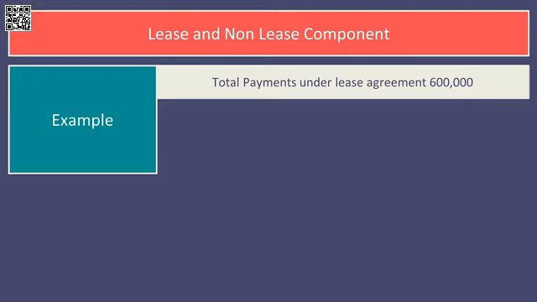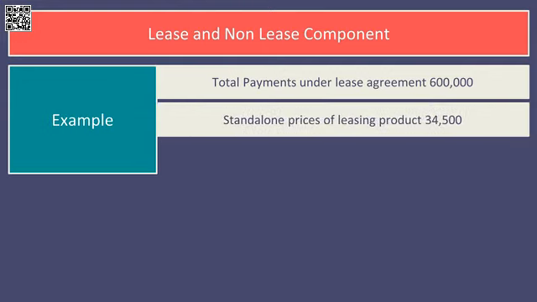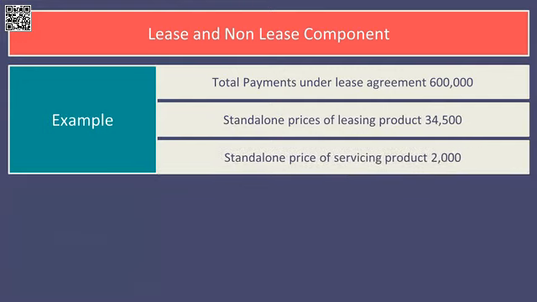Now, in order to do this, we need to find some market-based evidence of the standalone prices of leasing the product and the standalone prices of servicing the product. So let's imagine then that what we see is that the standalone price of leasing the product is £34,500 per annum, and the standalone price of servicing the product is £2,000 per annum.